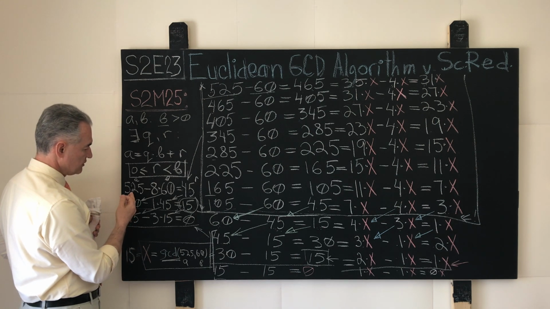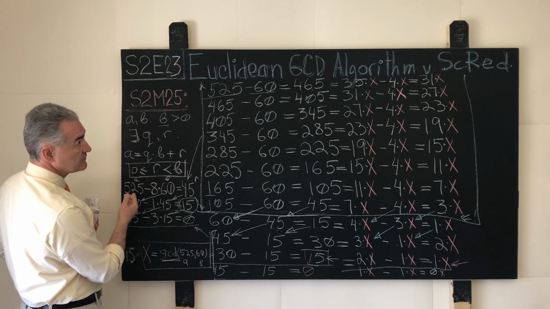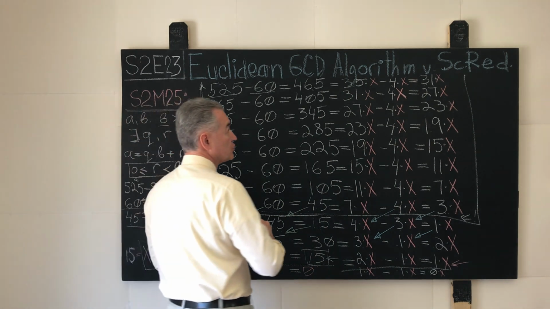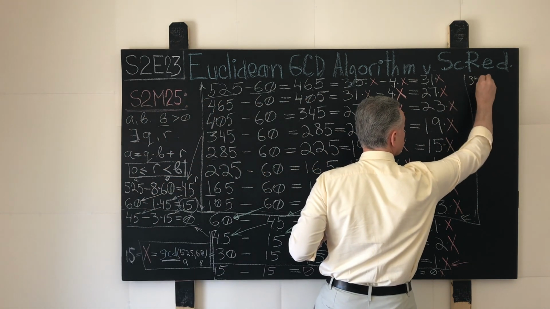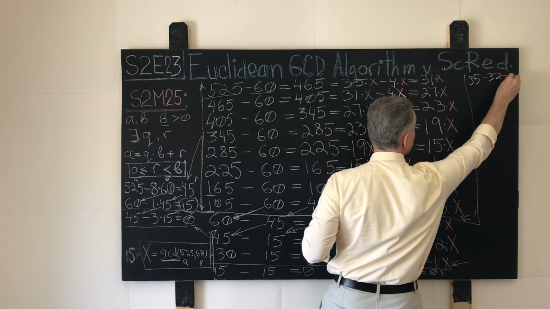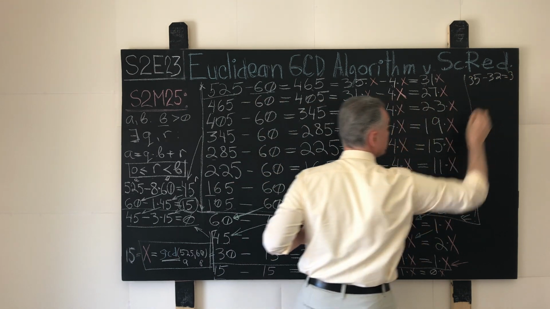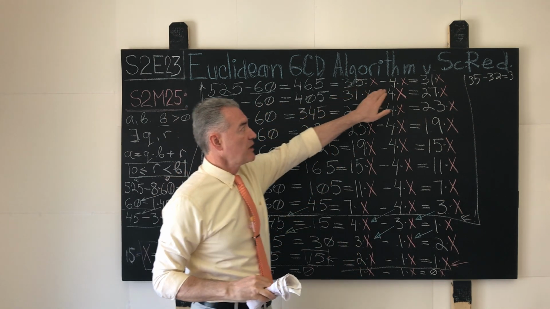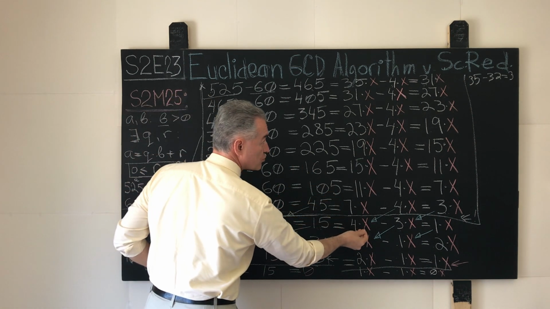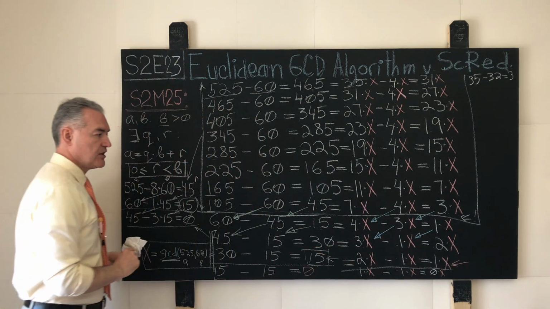What do we have over here? 525, so that will be 35 minus what? So maybe I can do it for you guys over here. So we will have 35x's minus what? 32x's, right? 8 times 4 is 32, so 35x minus 32x will be 3x. And then again, we do a switch, which is shown over here. 4 minus 3 is 1, and then 3 minus 3 comes out to 0.